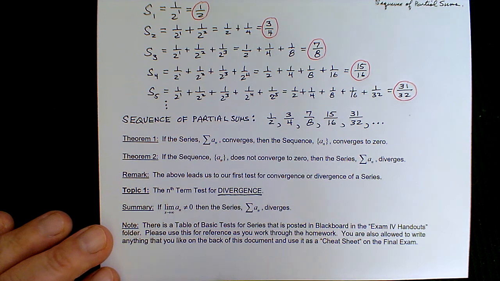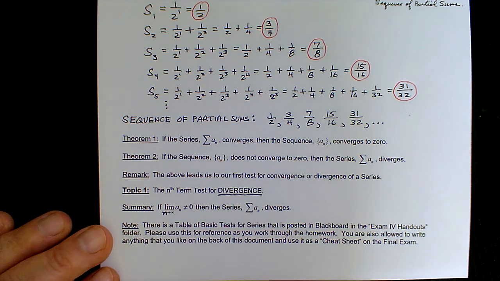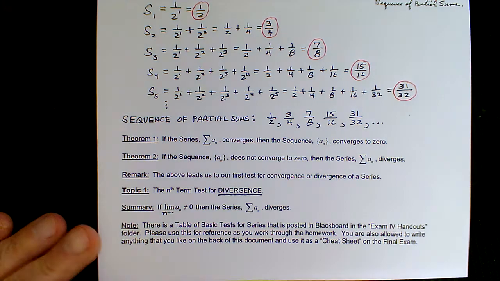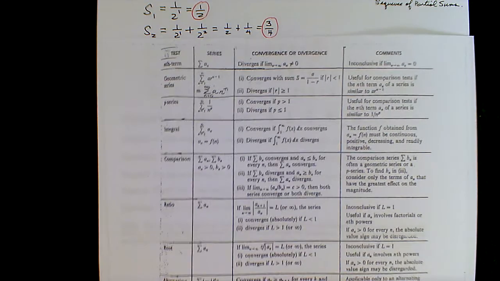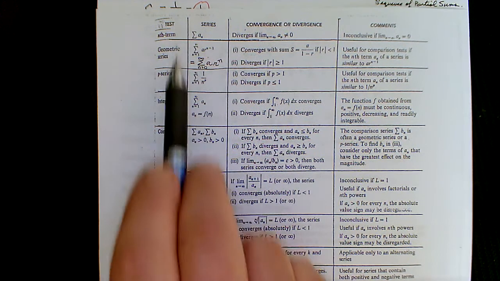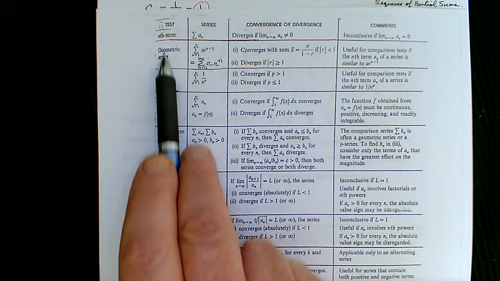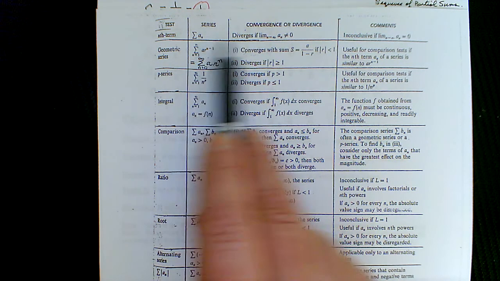Now, mentioning this, there's a table of the basic tests for series that I posted in Blackboard under exam 4. I think it's called homework and handouts, actually. This is what it looks like. It has all the different tests for series that we're going to encounter. And notice how it's constructed. It has the name of the test in the first column, the type of series we're dealing with in the second column, the statement regarding its convergence or divergence, and then a comment.